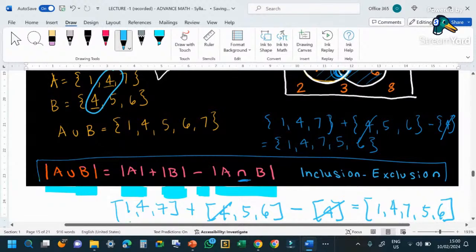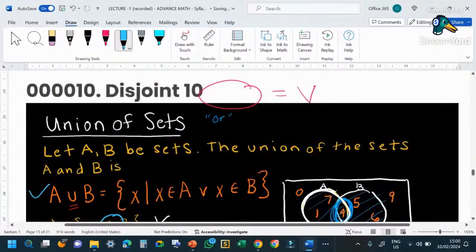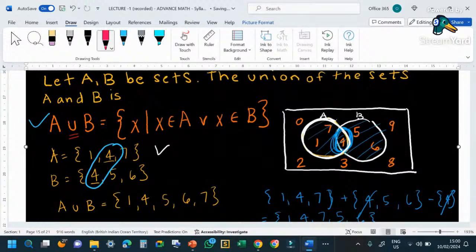So you have the inclusion minus the exclusion. The inclusion would be the A plus B elements, and the exclusion will be the intersection. Let's look at the sets again. You have 1, 4, and 7 for A, and B will have 4, 5, and 6.